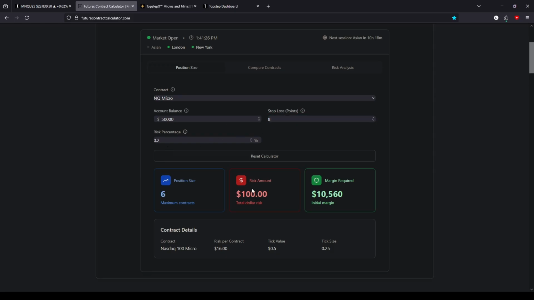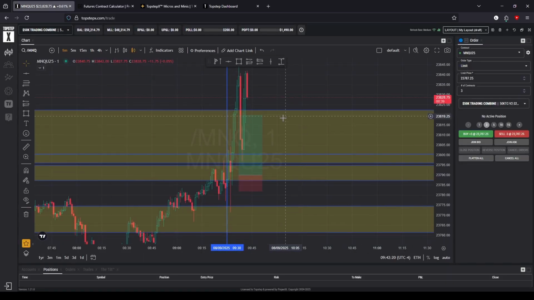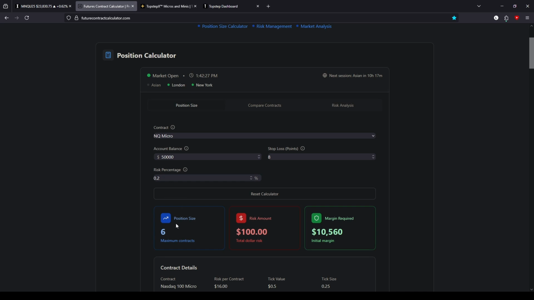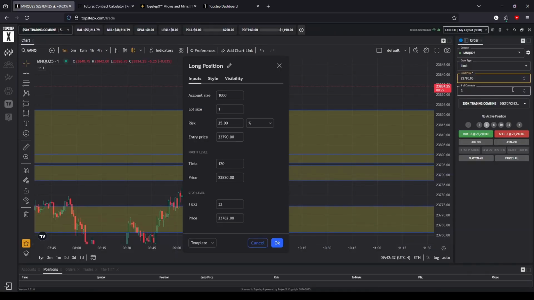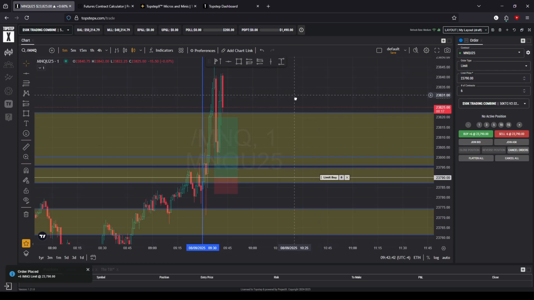And then I'm risking $100, so I'll use a contract size of like 8. And then this position is, what? It was 8, right? No, 6, sorry, whoops. Okay, and then this is the limit buy. So there we go.